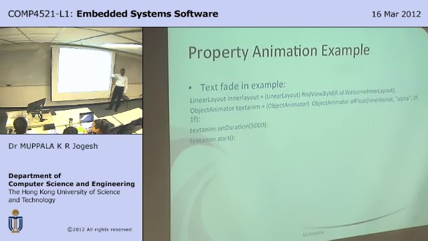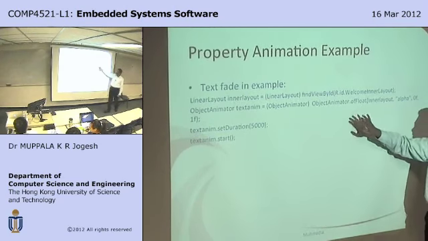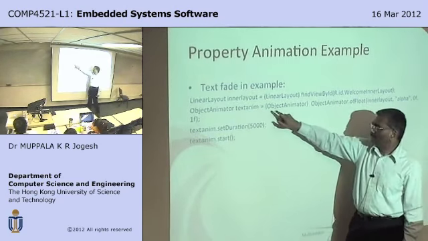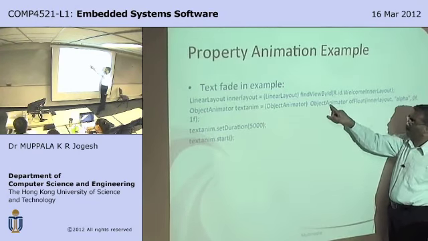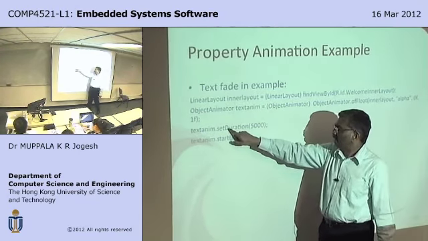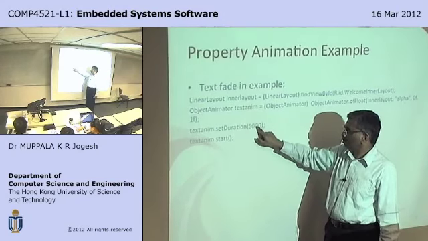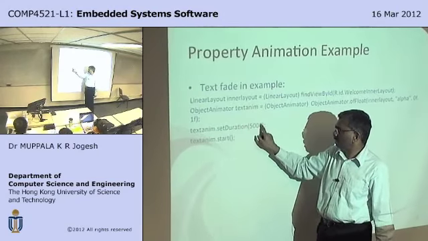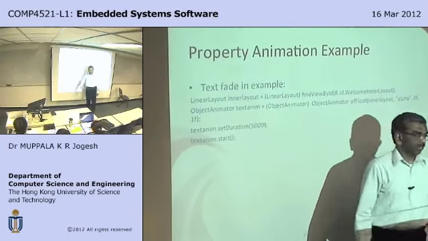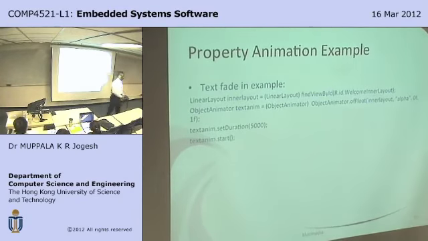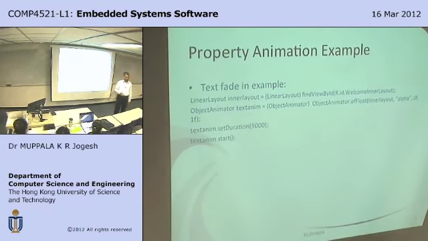Whichever is more convenient for you, that's the one that you should be using here. And so this one, I declared it as an object animator. And then I set the property of the duration to 5,000, and then start animation. Straightforward using those. Okay?